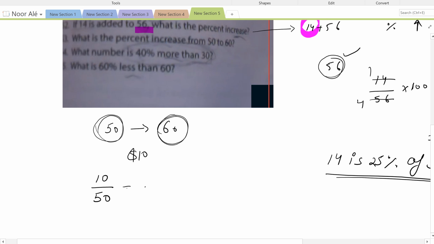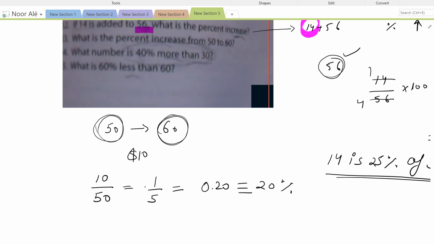The ratio is 1/5, and 1/5 is equivalent to 20%. 1 out of 5 is the same as 20 out of 100, so you write 0.20 or simply 20%.